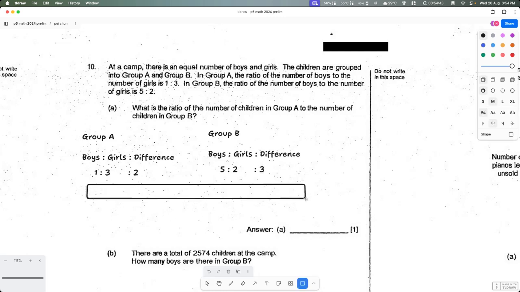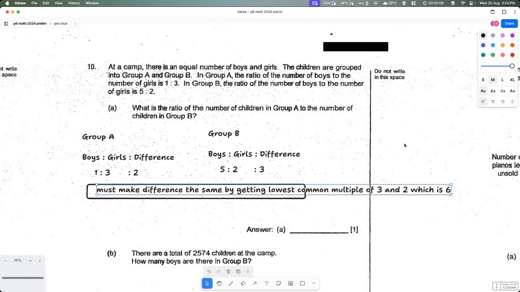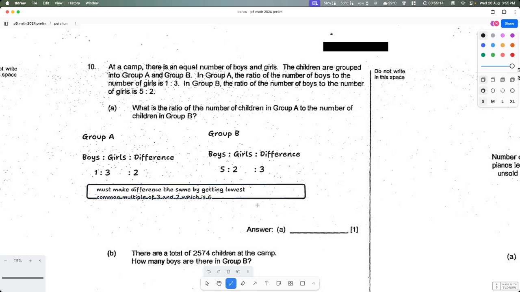What I'm going to do is make the difference the same by getting the lowest common multiple of 3 and 2, which is 6. So in this case we need to multiply.